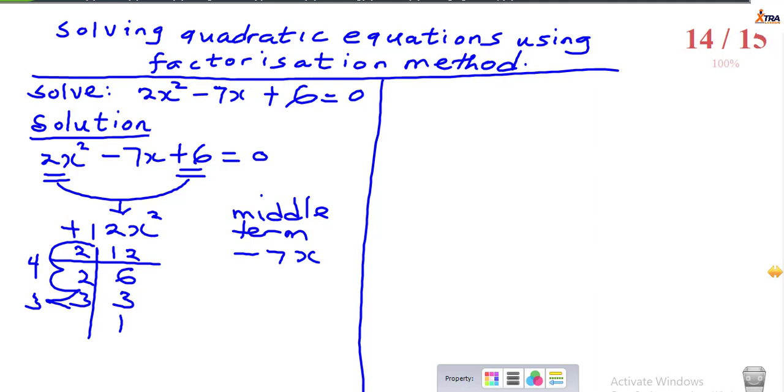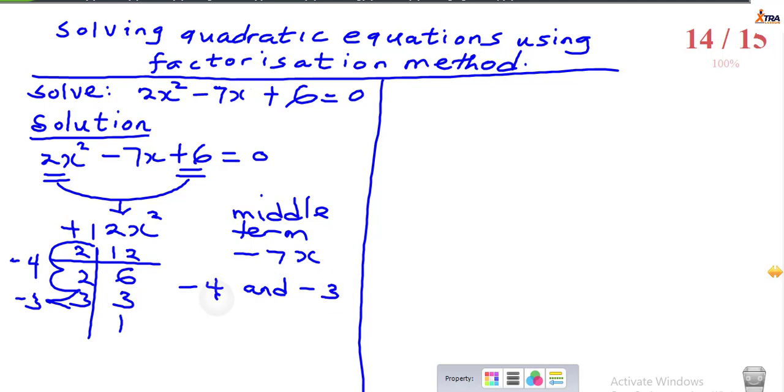But what about the minus in front of the minus 7 when we are adding on the other side? Is that going to be the same? So what if we put a negative in front of 4 and a negative in front of 3? So we have minus 4 and minus 3.